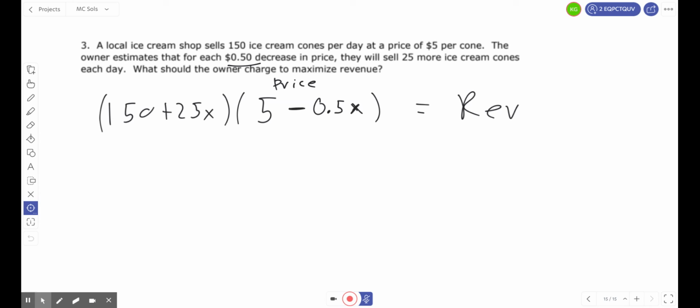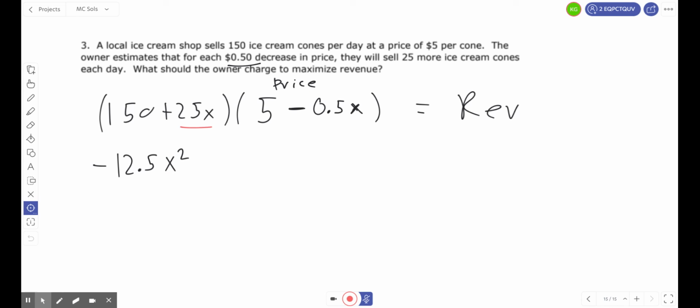So what we're going to do is multiply this out. First I'll multiply the x's. 25 times negative 0.5 is negative 12.5 X squared.